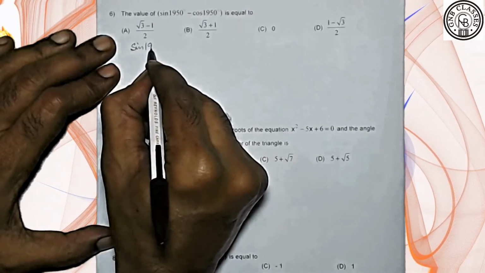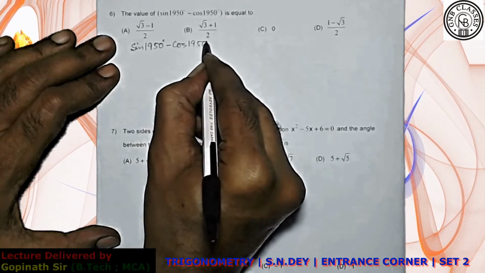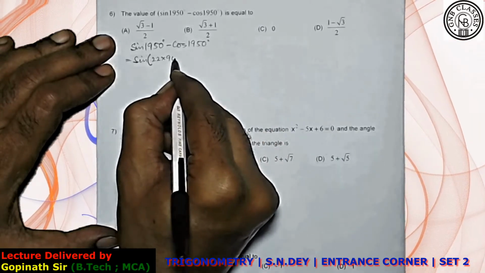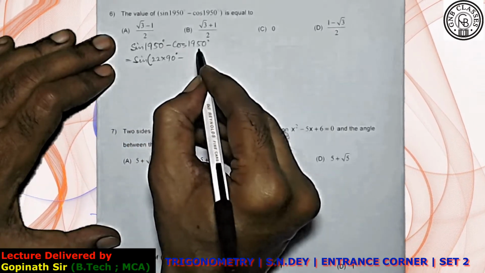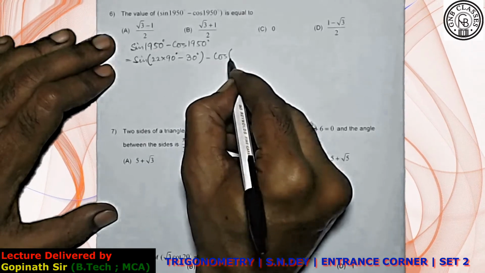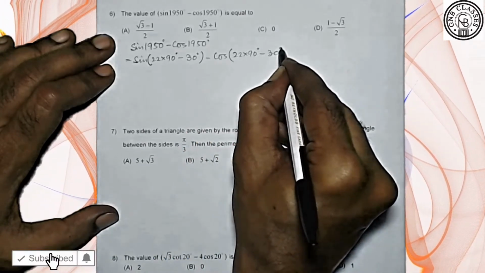Sine 1950 minus cos 1950. So this can be written as sine (22 into 90 degrees minus 30 degrees) minus cos (22 into 90 minus 30).